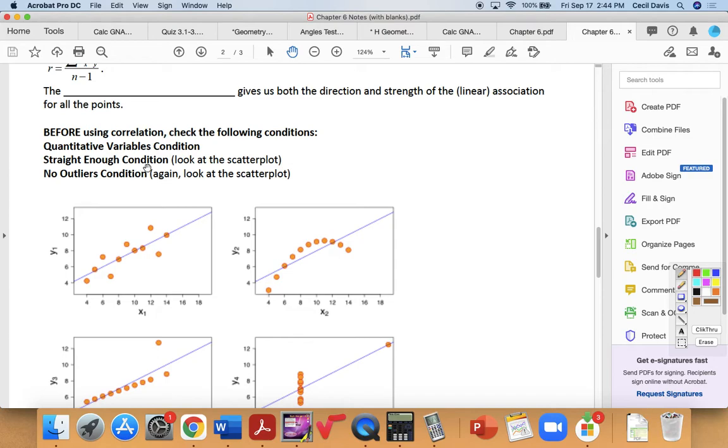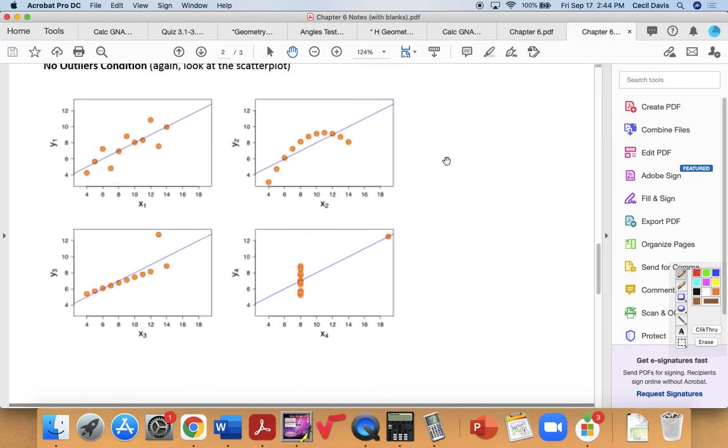If it's not pretty straight, by looking at the scatter plot, then using correlation is not a good idea, because the correlation coefficient measures the strength of the linear association and no outliers. If you've got outliers, not a good idea to use the correlation coefficient.